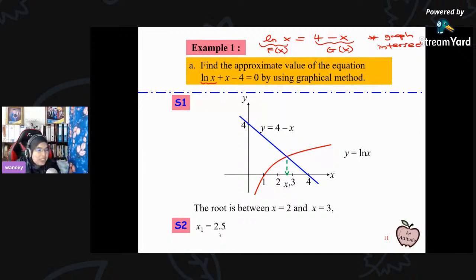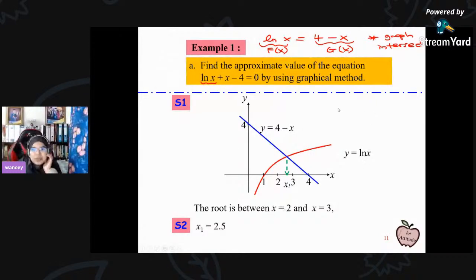It is just initial, meaning based on the graph, we guess that it is around 2.5. After this, we're going to learn how to improve this. This is simply an initial approximation. We can improve it by using an iterative process.